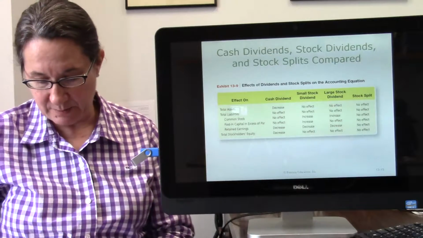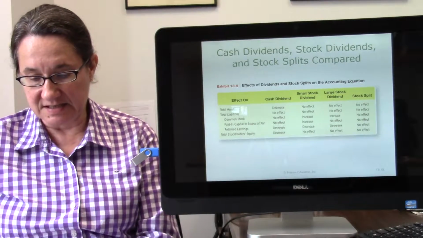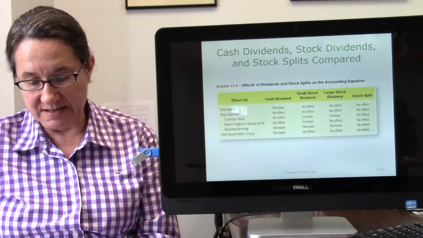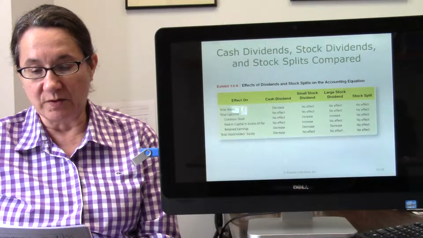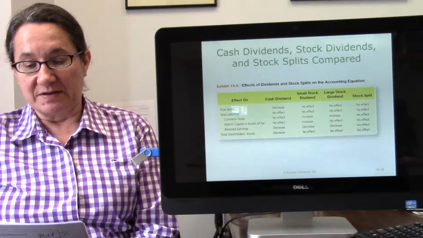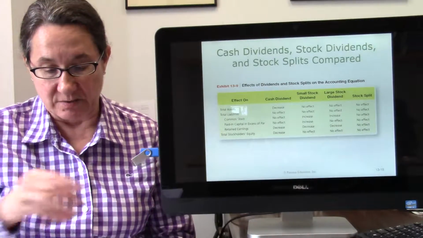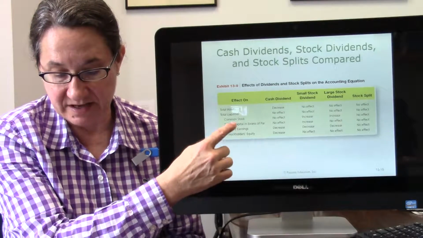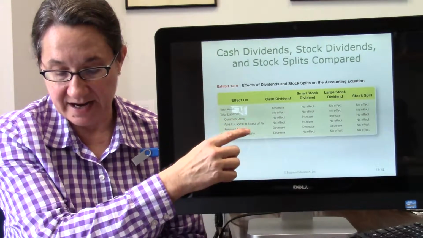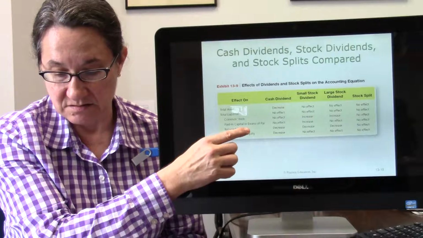There is a table on page 666, 13-9, that summarizes the effect on the accounting equation. So what happens with dividends and stock splits?